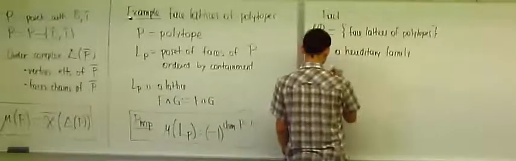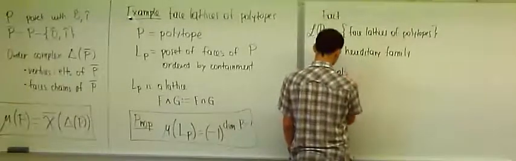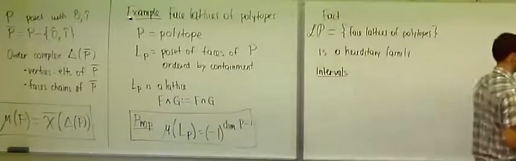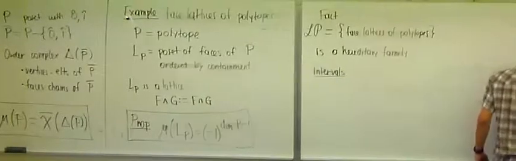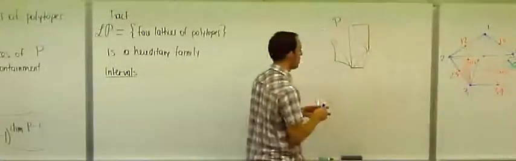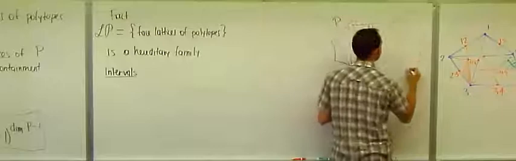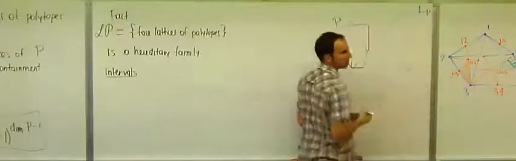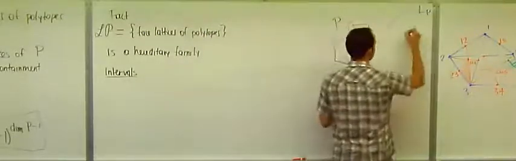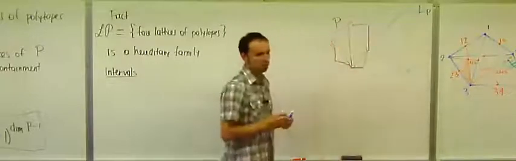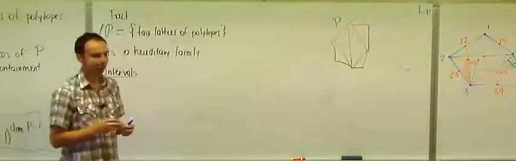So let's see why it's closed under taking intervals. Imagine that you have some polytope here, P, maybe it looks like this, I don't know. That's a polytope, and you make the lattice of faces. I want to see that every interval here can be thought of as the faces of some polytope.